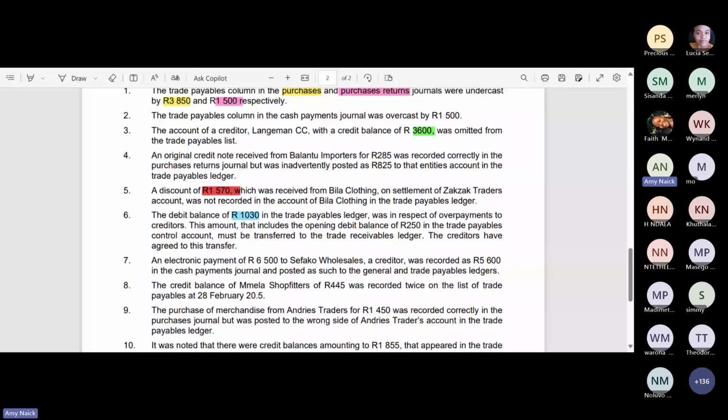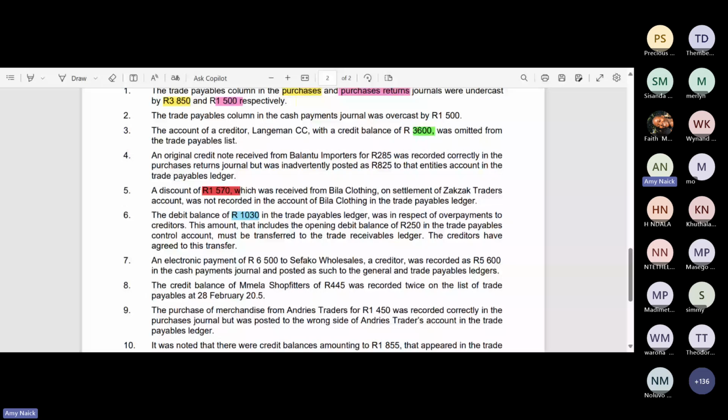So when you get a discount, you will record it on your debit side of the trade payables control account. The way your accounts work, if you're looking at a creditor or any payables, anything that's going to increase your creditor is going to increase on your credit side. Anything that's going to decrease your creditor is going to happen on your debit side.